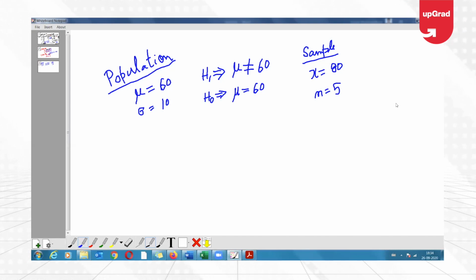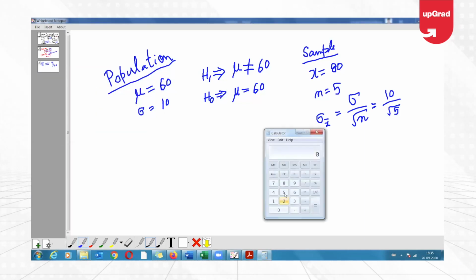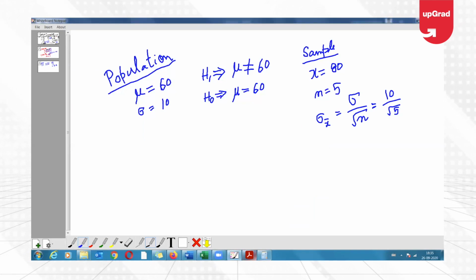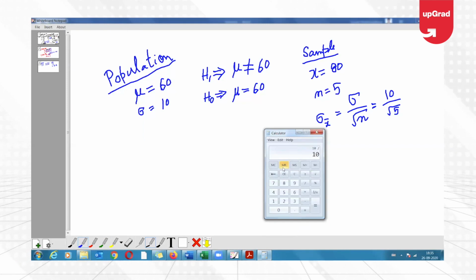So let's do the calculation. First we'll calculate sigma x bar, which is sigma divided by square root of n. So sigma is 10 by square root of n, which is 5. So 2.23. 10 divided by 2.23 is 4.48.